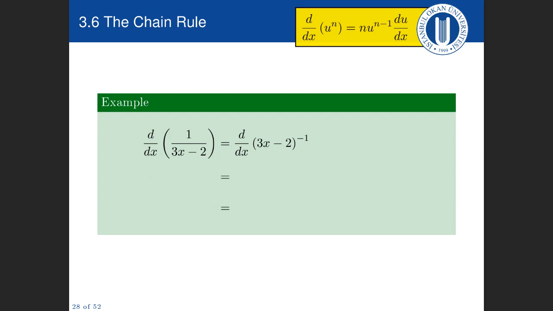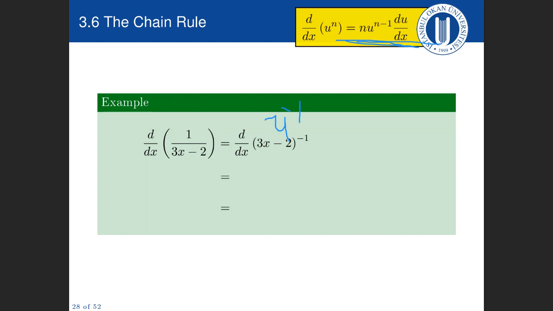Let's do another one. We can differentiate 1 divided by 3x minus 2 in two different ways. We could use the quotient rule, because this is a function divided by a function, but it's going to be easier if we use this version of the chain rule, because this is the same as the derivative of 3x minus 2 to the power minus 1. So I have a function u to the power minus 1.